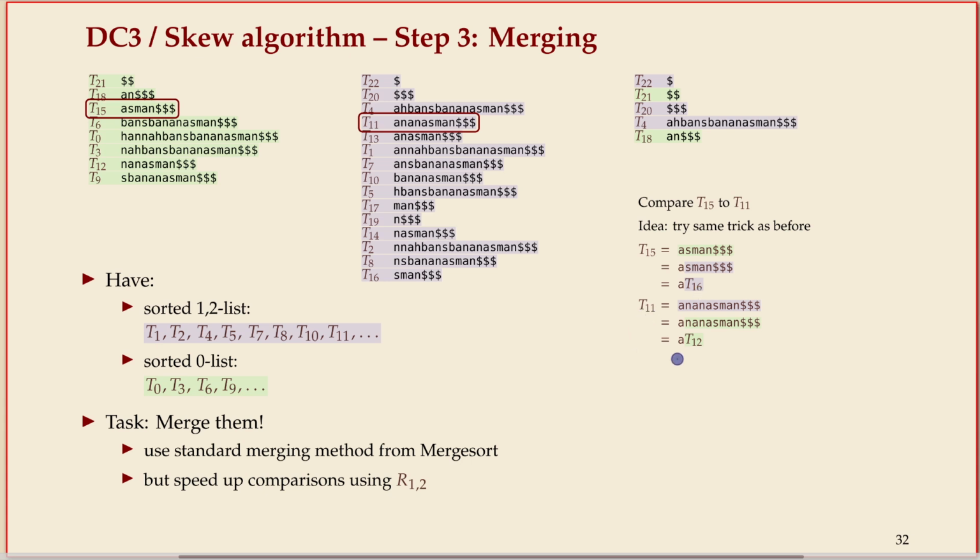If I do that with 11, it's also A followed by T12. But somehow the trick failed us in this case, because what we started with was 2 suffixes from opposite colors. And by removing a character, we got 2 new suffixes. They swapped roles, but they're still from opposite colors. So it didn't work in this case.